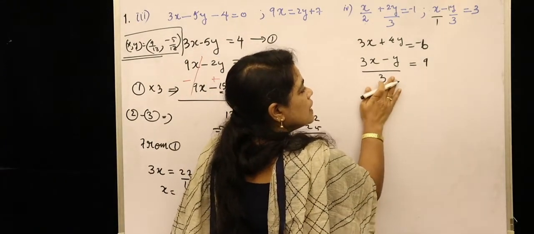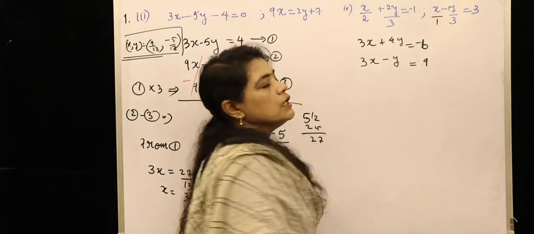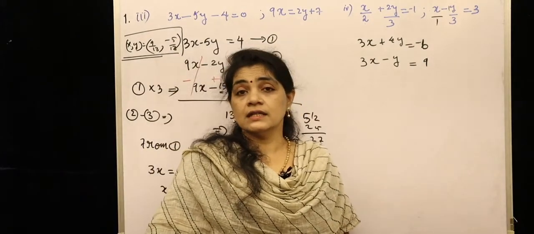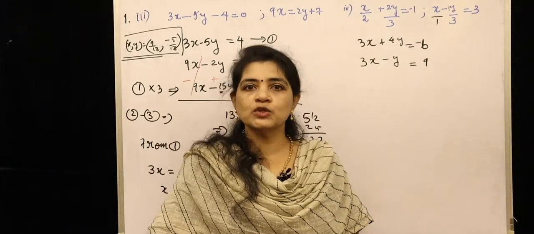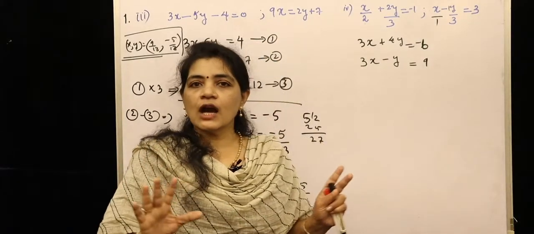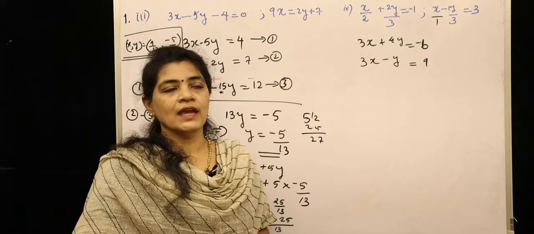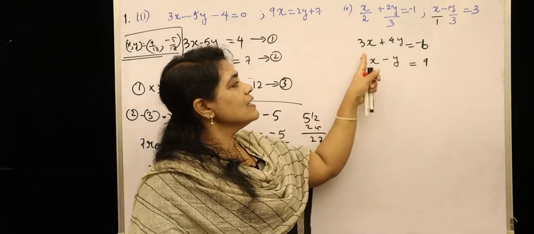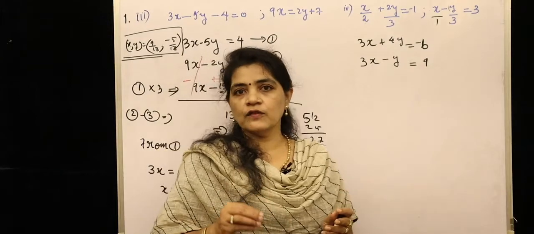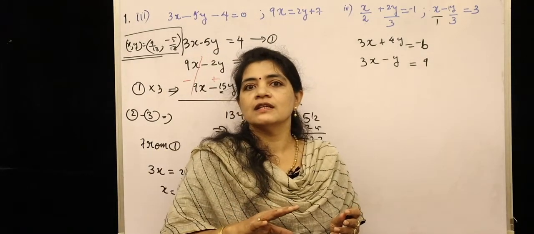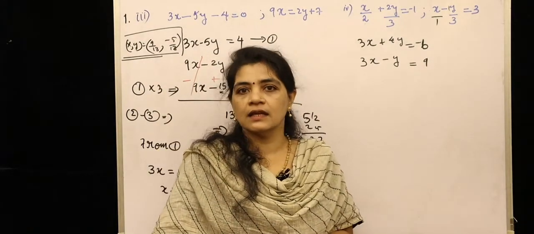So we can have two equations in the general form of pair of linear equations in two variables. Now see children, after doing this, what happened? Here 3x and 3x. We already have one of the variables, that is x, with the same coefficient, 3 and 3x.